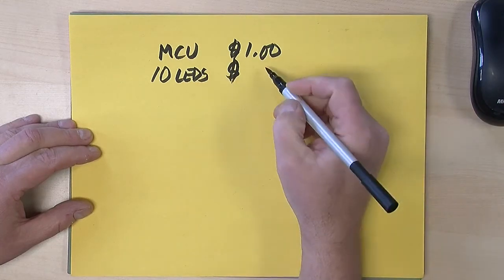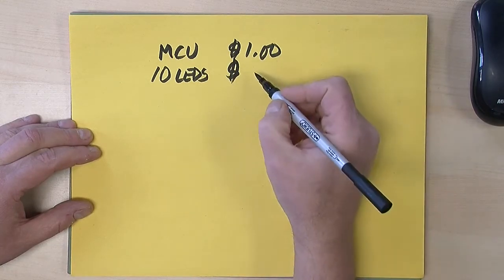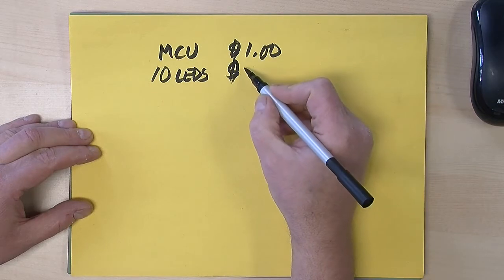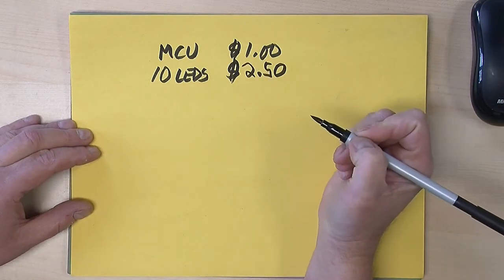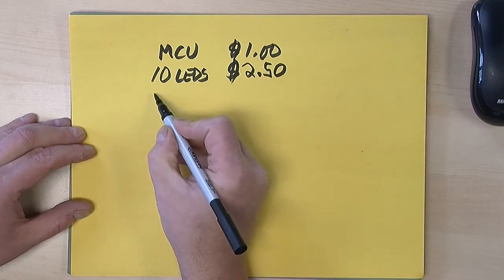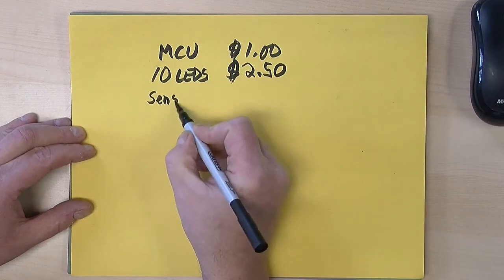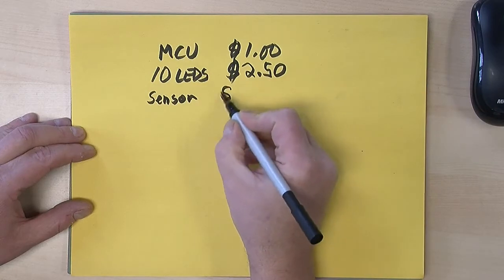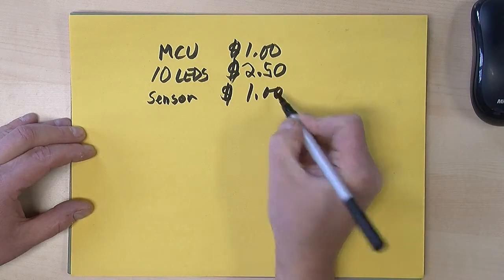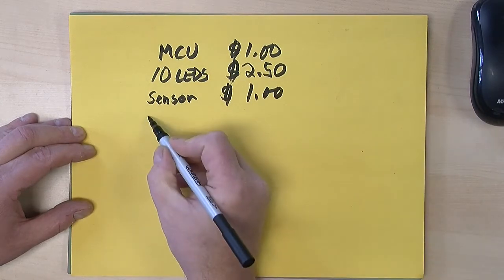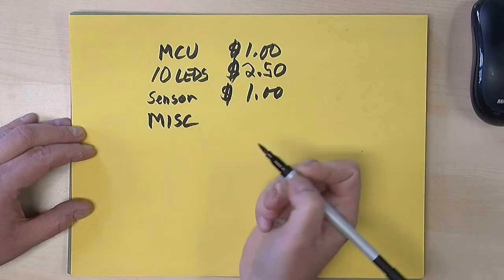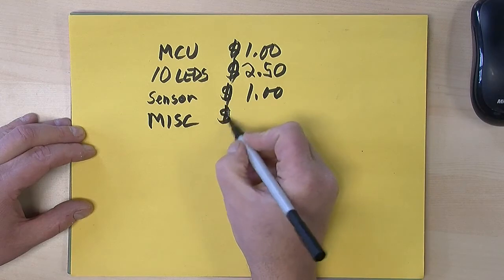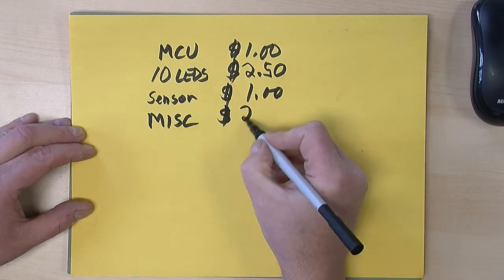And I looked up some yellow LEDs, and in quantity they're about 25 cents a piece, so $2.50. The optical sensor in the bullseye, no idea, so I'm going to guess $1. Miscellaneous passive and semiconductors on the circuit board, we'll also say maybe $2.